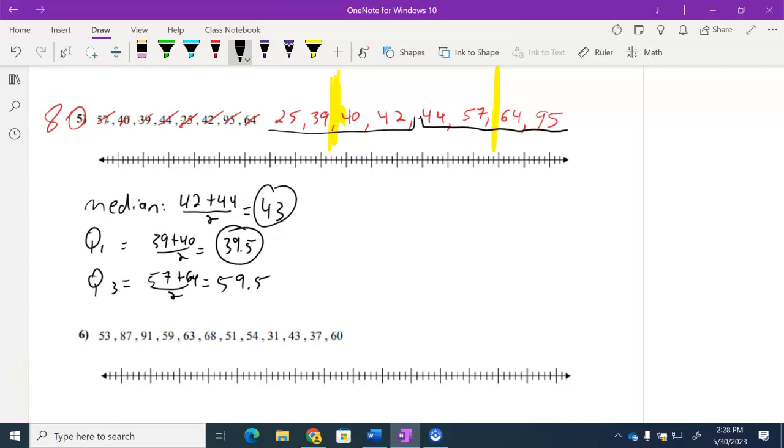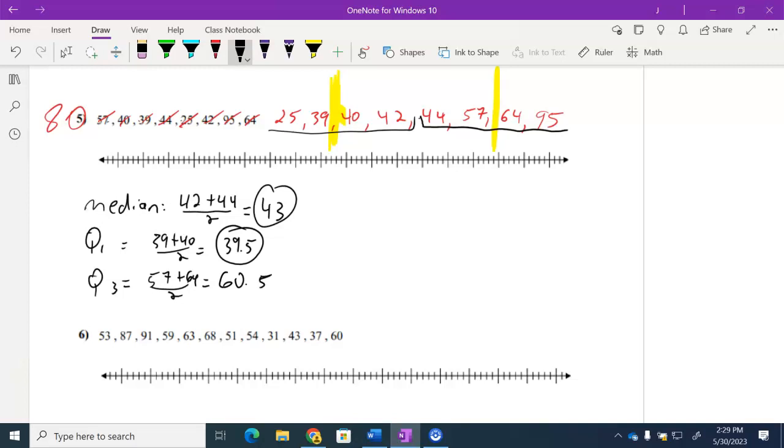Pretty sure. All right. So after you do that, actually, it could be 60.5. Sorry about that. Let me just get the calculator and do that. I was trying to do it in my head. But if I get 57 plus 64 and then divide that by 2, yeah, it's 60.5. Sorry about that. 60.5.